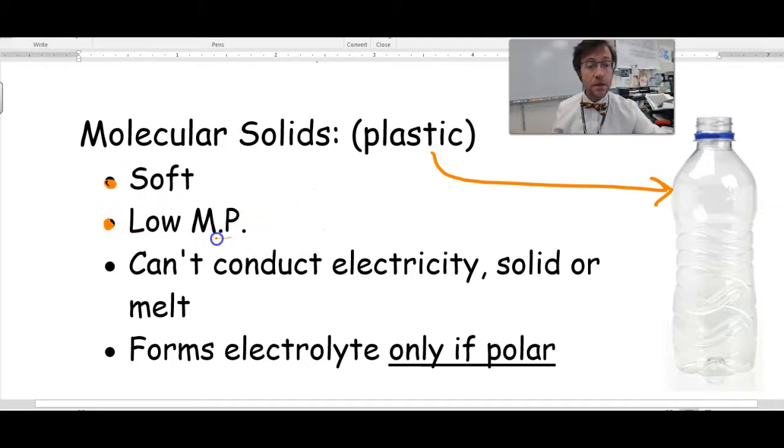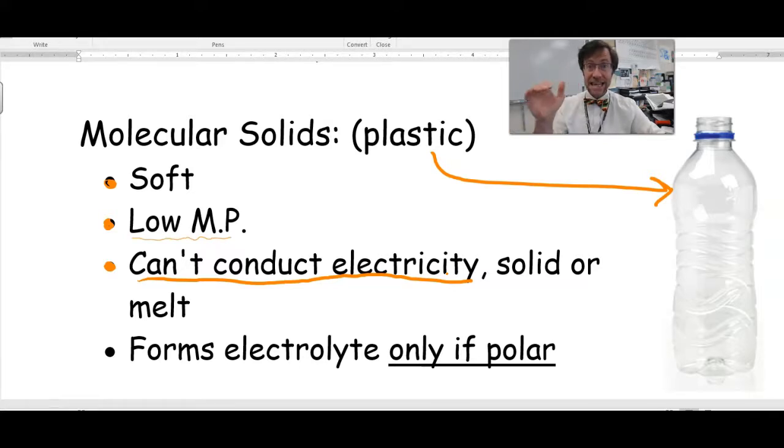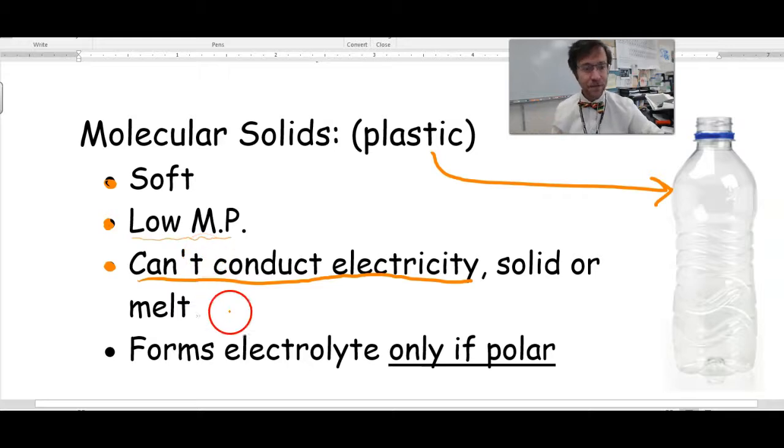So that's what I mean by a low melting point, relatively speaking. Also, molecular solids cannot conduct electricity no matter what. This is why we wrap wires in plastic, right? Because the wire conducts the electricity, the plastic makes sure that the electricity stays in the metal and doesn't go flying out into us. You know what I mean?